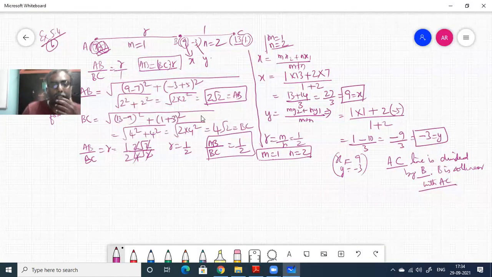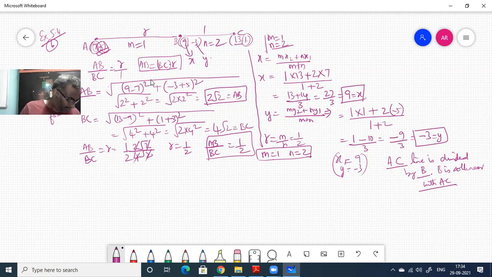So what is the main idea in this sum? We have to prove that the 3 points are collinear. That means they lie on the same line. So what you are finding? You are first finding the distance AB, then distance BC, and then AB by BC you are getting 2:1.